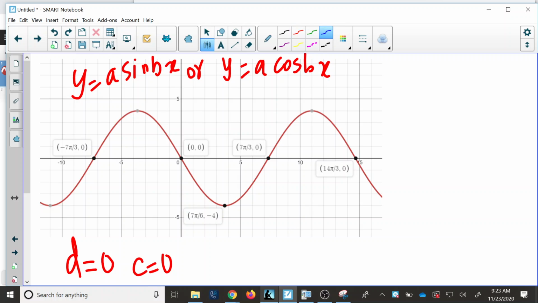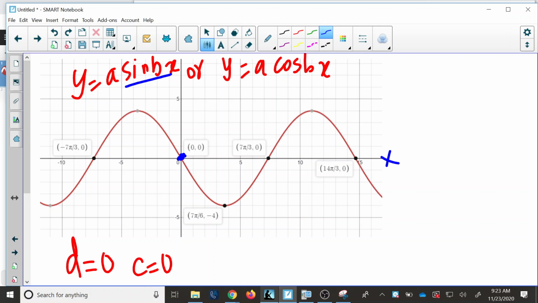So my midline is invariably the x-axis. All I need to do is determine if it's a sine or cosine before I begin. Since the function starts at the origin, it's a sine function. If the graph starts somewhere on the y-axis, it's going to be a cosine function.